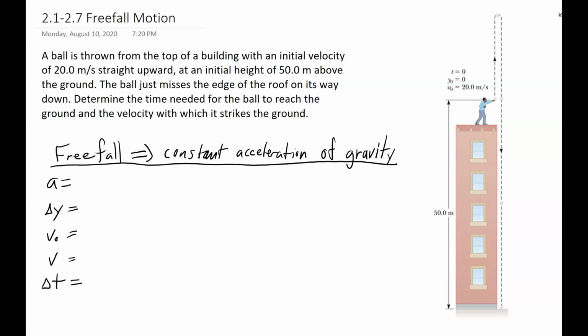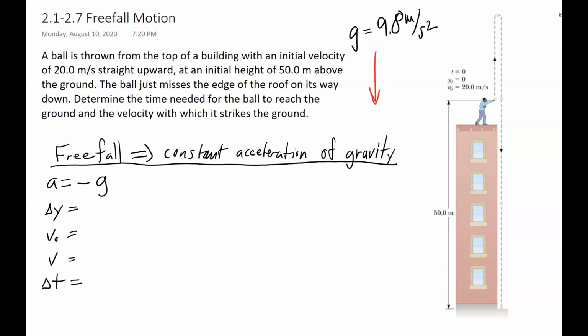So in this case we have an object that is moving in the air straight up and down, and the only influence is the gravitational acceleration. So if you have this case, you can always know that the acceleration a is going to be minus g. Now g, as you've learned, is equal to 9.8 meters per second squared, and moreover, the acceleration due to g always points straight down.